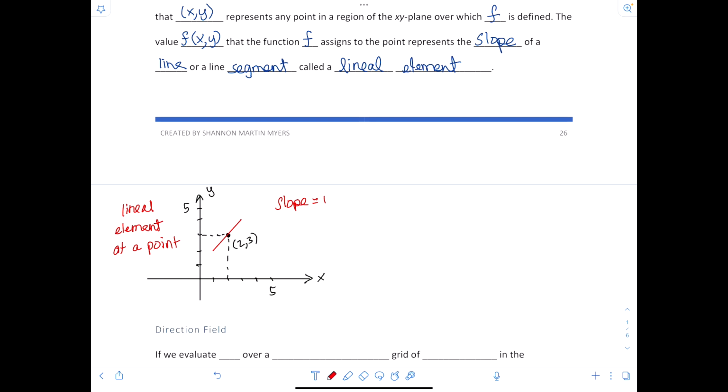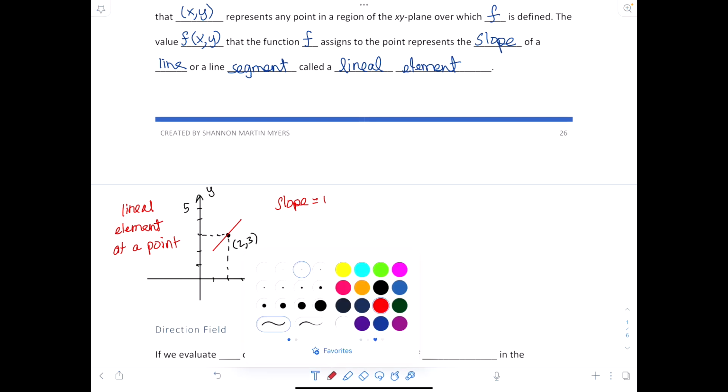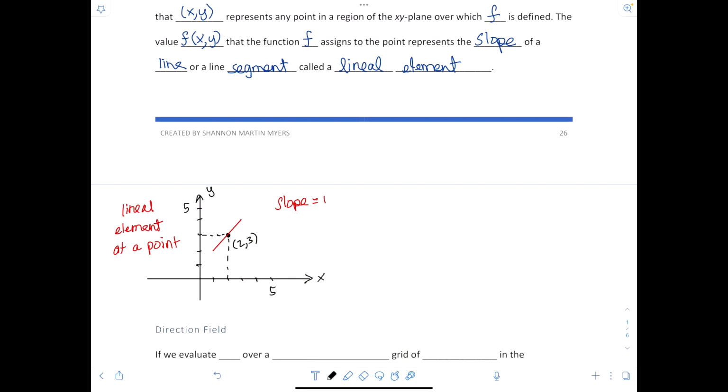Okay, so let's say we've got a similar situation, but we're looking for tangency.